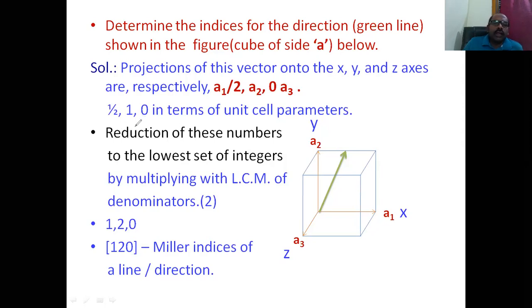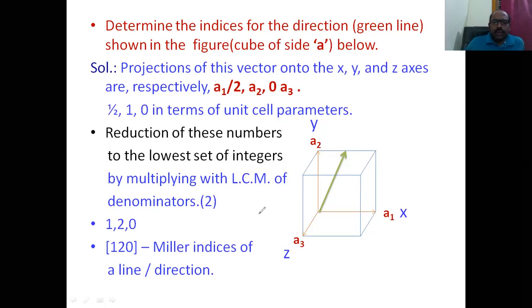Or we can take the reciprocals of these, and multiply the whole numbers with the LCM of the denominators. We get integers, the lowest integers. Keeping them in a square bracket, those are the Miller indices of a line.